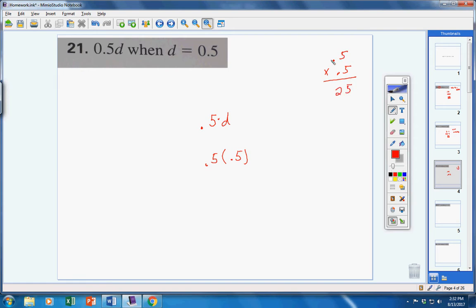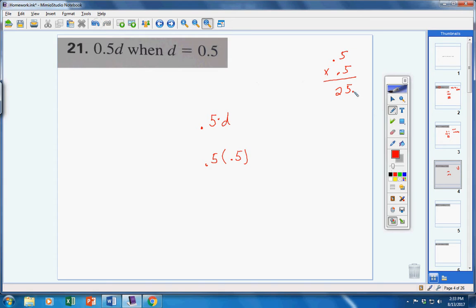How many decimal places did you have here? 1. How many decimal places did you have here? 1. Add those together. 1 plus 1 is 2. So you go over 2 places. And even though you can't see the decimal, it's always here at the end.